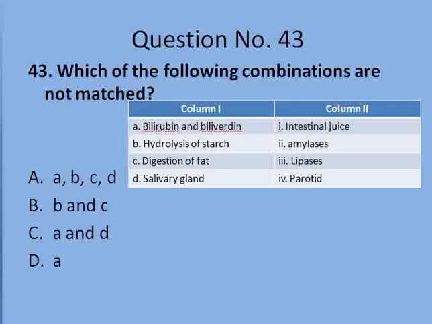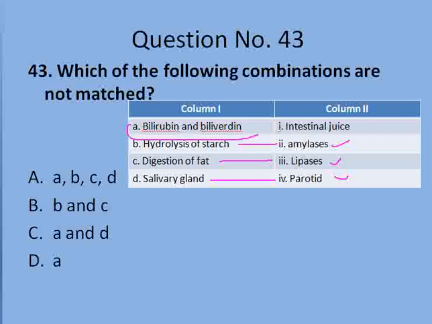Okay. Question number 43. Here they are given column 1 and column 2. The question is, which of the following combinations are not matched? Let us start from D. Salivary gland, parotid. So which is matched. Digestion of fat, for that we need the lipase enzyme. Hydrolysis of starch, for that we need the enzyme called amylase.